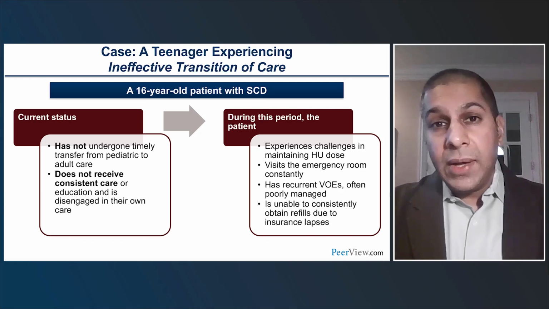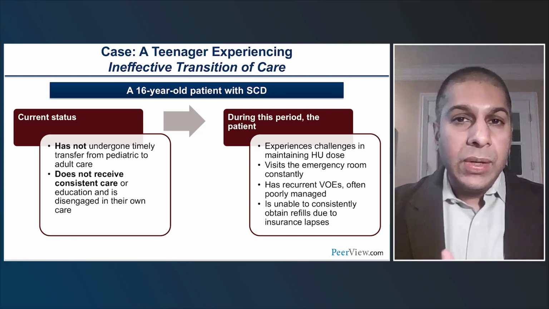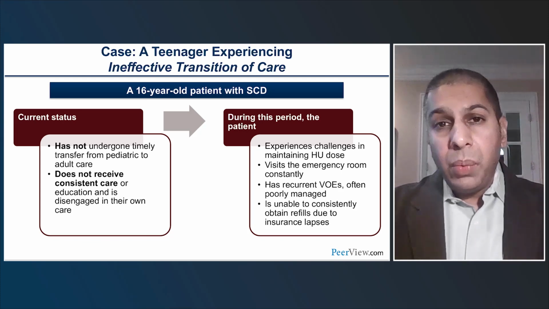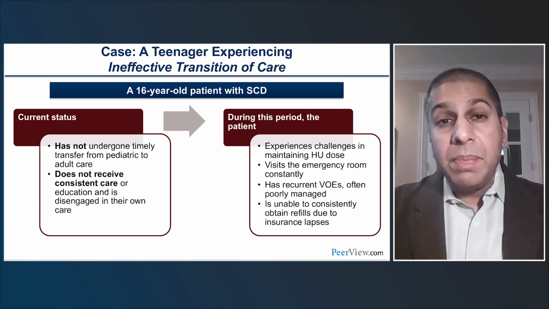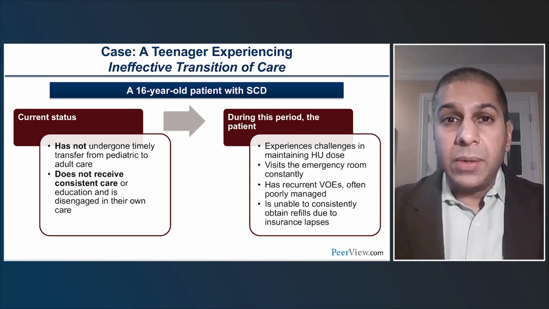The patient is going to have constant emergency room visits with their current vaso-occlusive episodes that are poorly managed. And in part because they're not on disease modifiers and having regular care, they're going to have trouble with their refills, and this may be due to insurance lapses. And this is really not an uncommon problem where patients don't have this smooth transition and experience all of these problems that are listed here.